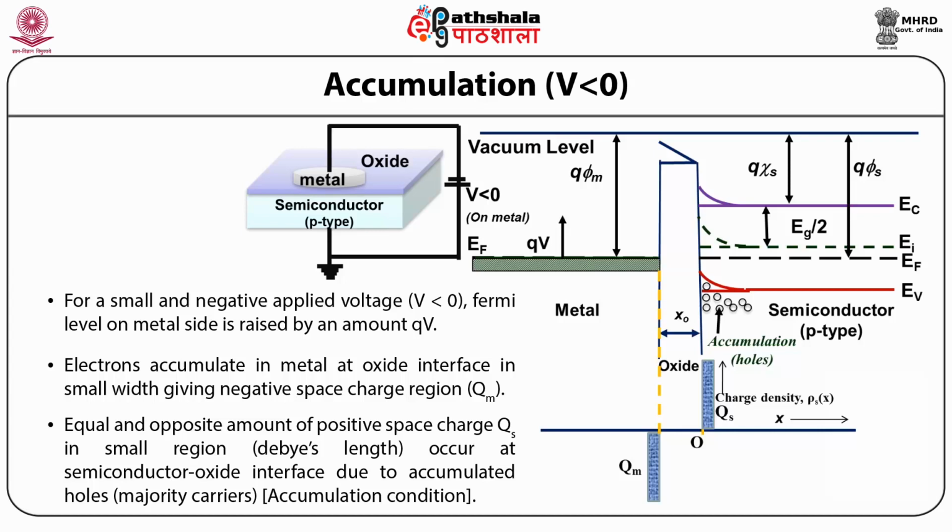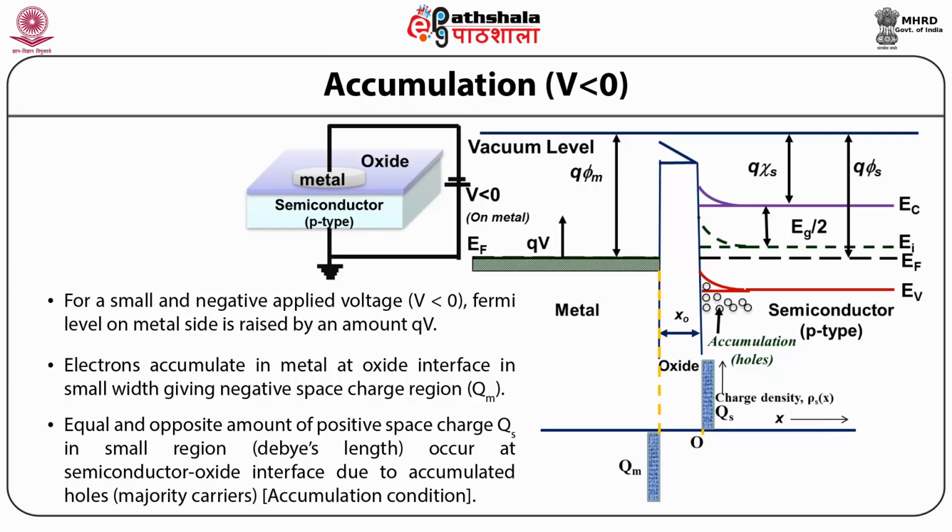As you can see from this energy band diagram, after applying a negative bias, the Fermi energy level is raised by an amount qV and all the energy bands are shifted upwards. Now, since φm and χ remain unaffected by the applied bias V, the vacuum level on the metal side rises by qV and the bands near the semiconductor surface are bent upward.